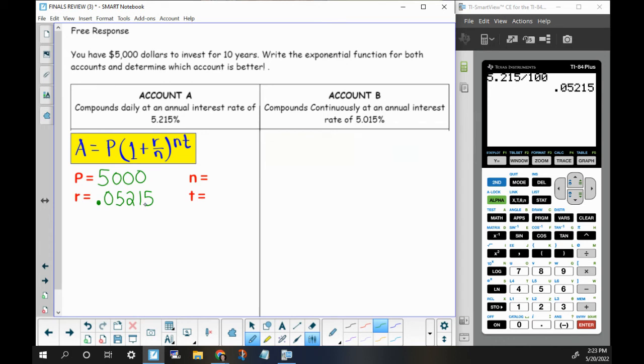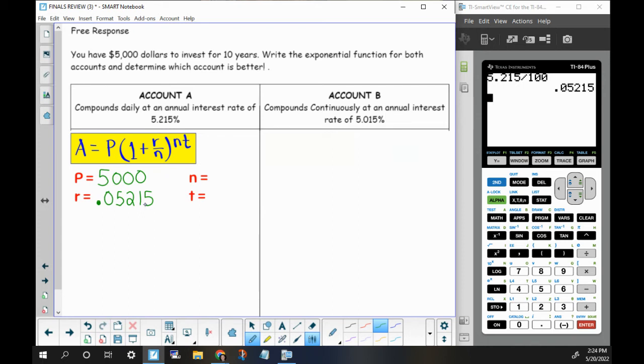What is our N, guys? This is the tricky one. It's daily.